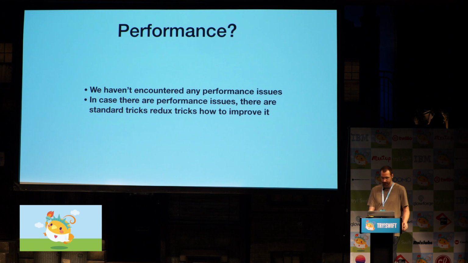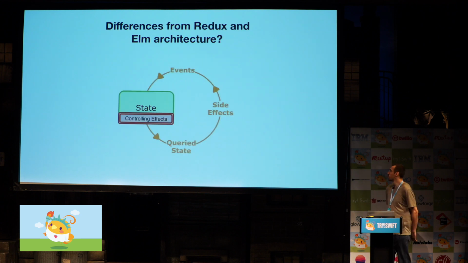So another question is, how does this differ from Redux and Elm architecture and things like that? Well, one of the differences is that we are using part of the state to describe what the current effects are that you need to be executing. Another part is that Elm and Redux assume that there is necessarily a view that you're observing that state.